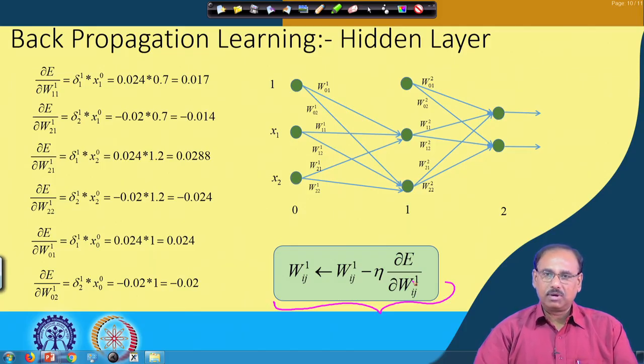Instead of a 2-layer network, if I take a 3-layer network, again the error will be propagated from the second hidden layer to the first hidden layer, and it can be used in a similar manner for multi-layer networks. Here we have just illustrated with the help of examples how the backpropagation algorithm can be implemented at the network level to update the weight vectors.